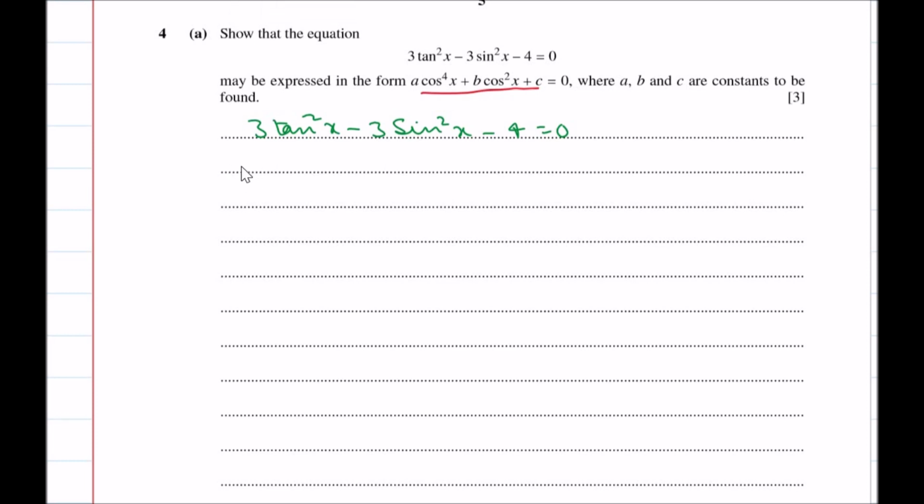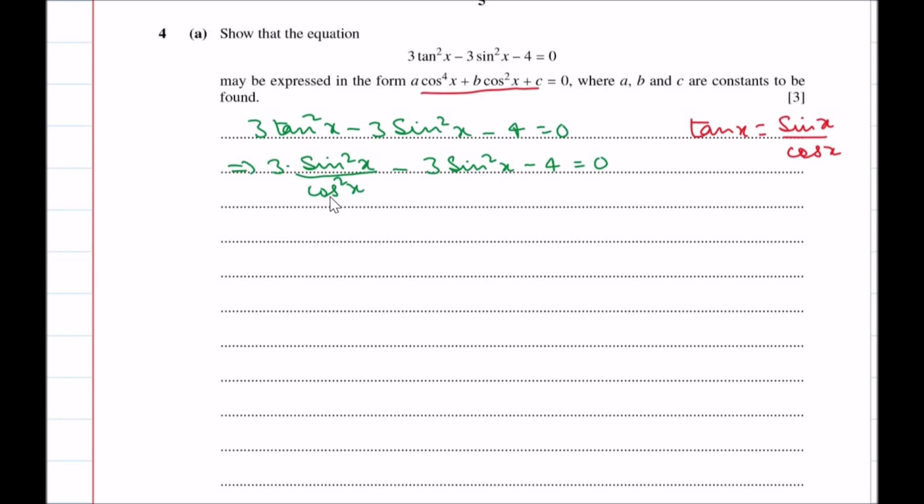So this tan square x and sin square x we need to convert into terms of cos. So what can we do here? 3 tan square x can be written as 3 sin square x by cos square x, because we know that tan x is equal to sin x by cos x. This is an identity. So 3 sin square x by cos square x minus 3 sin square x as it is, minus 4 equal to 0.